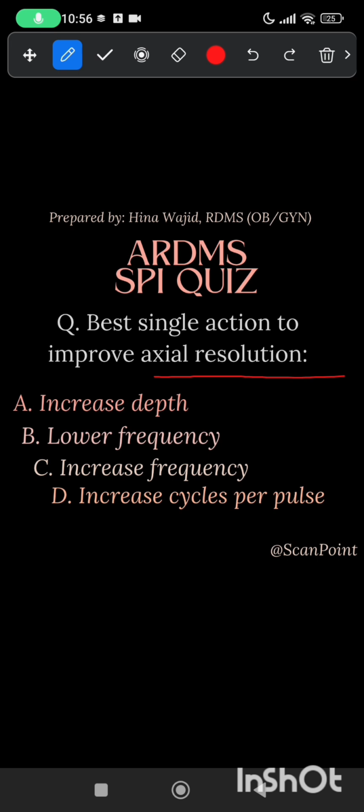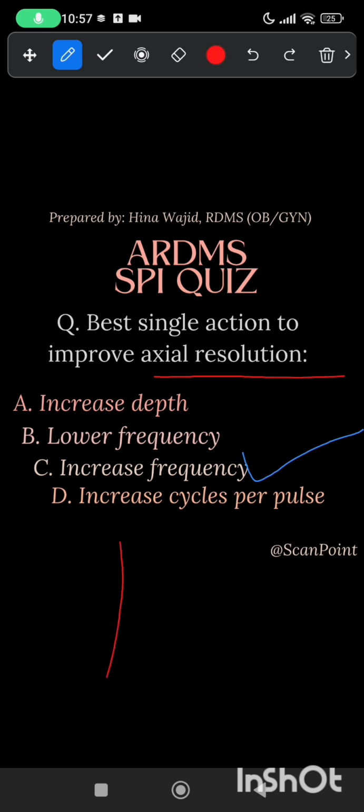Okay, so the right answer of this question is increase frequency. First we have to understand what axial resolution is. It is the ability to identify two structures separately that lie one behind the other along the beam's path.